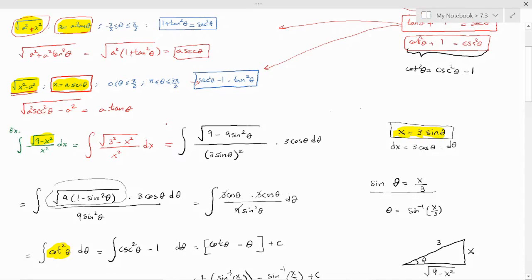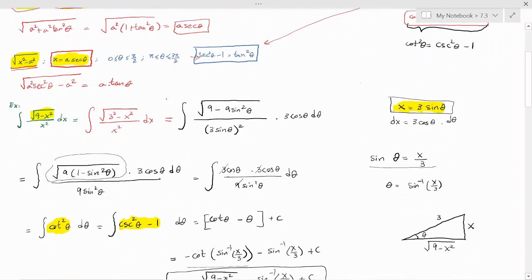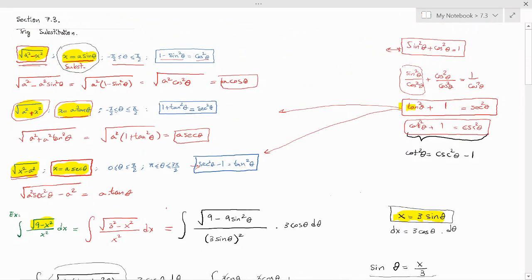Since we didn't know the integral of cotangent squared, we could use the identity, replacing it with cosecant squared minus 1. It's very common to do this, replacing cotangent squared or tangent squared with the similar trigonometric identity where we know the antiderivative. If it was tangent squared, I would have replaced it with secant squared minus 1. It all comes from this identity.